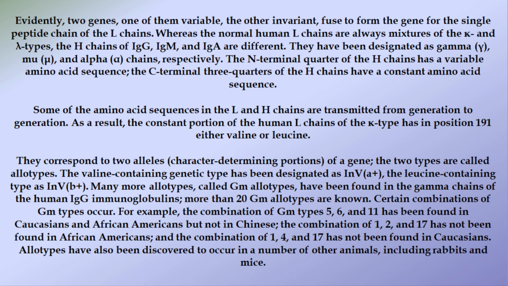The combination of 1, 2, and 17 has not been found in African Americans, and the combination of 1, 4, and 17 has not been found in Caucasians. Allotypes have also been discovered to occur in a number of other animals, including rabbits and mice.